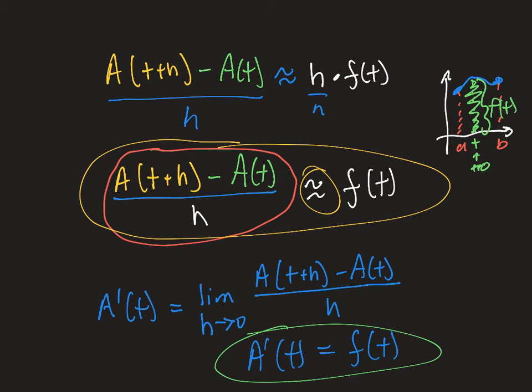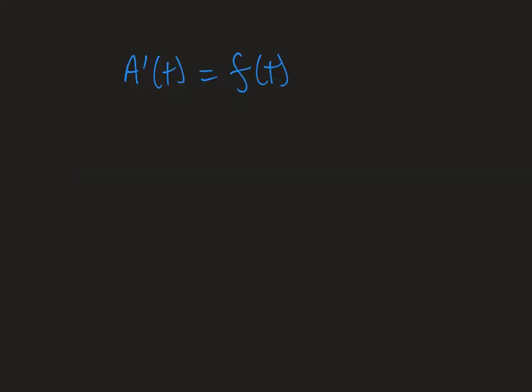So new slide, new notation. Okay, now remember when we had that discussion about antiderivatives? If we take this a prime of t and we work backwards, a of t is one of the antiderivatives.